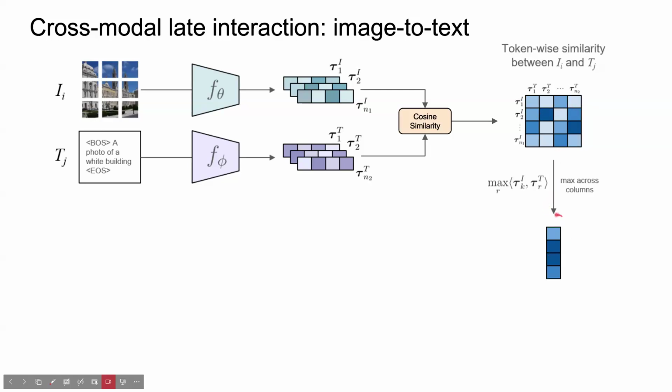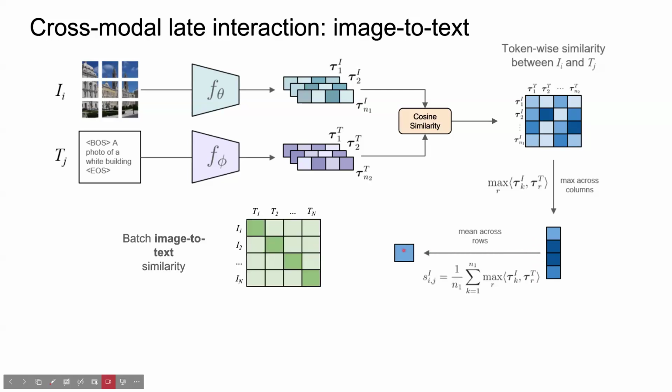And the result will be a column vector of size N1, which is the number of image patches. And then this column vector is further reduced by taking the average across all of its elements. So the result will be a single score, which corresponds to a single entry in the image to text similarity matrix for the whole batch of image text pairs.